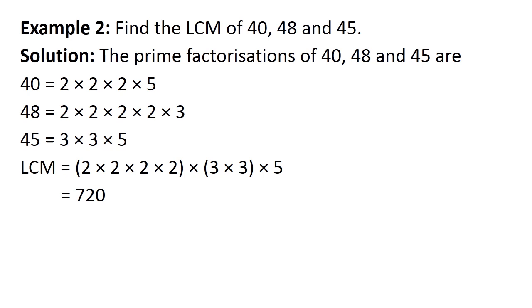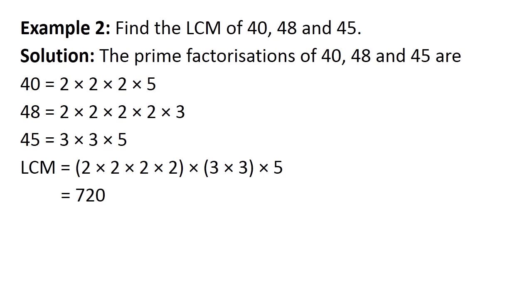Next example. Find the LCM of 40, 48 and 45. Solution. The prime factorizations of 40, 48 and 45 are: 40 you can write as 2 multiplied by 2 multiplied by 2 multiplied by 5. 48 is equal to 2 multiplied by 2 multiplied by 2 multiplied by 2 multiplied by 3. 45 is equal to 3 multiplied by 3 multiplied by 5.